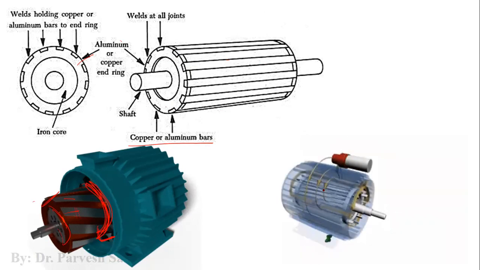So here we have an animation. You can see it is rotating in clockwise direction. These conductors are on the rotor periphery, and we have a three phase flux cutting these conductors, and hence we have the rotation of this rotor, and that is why it is called a self starting motor.